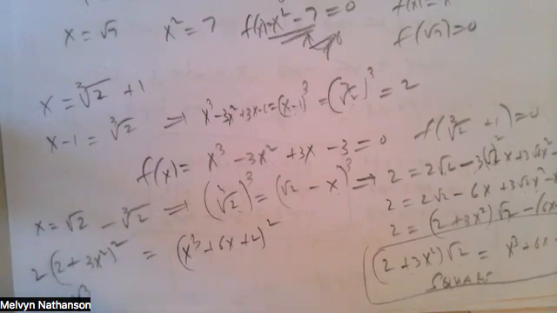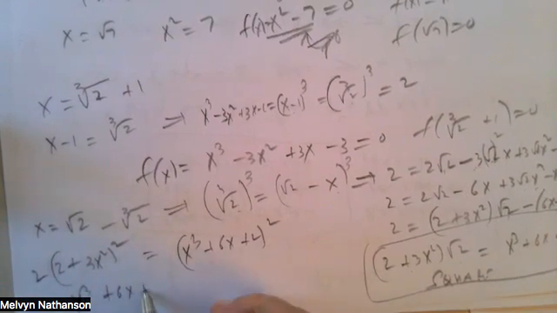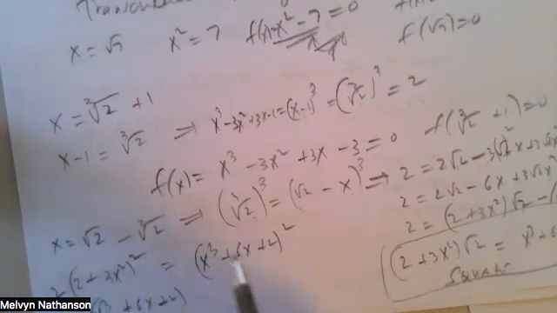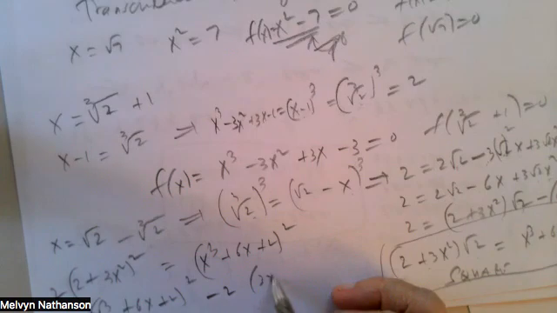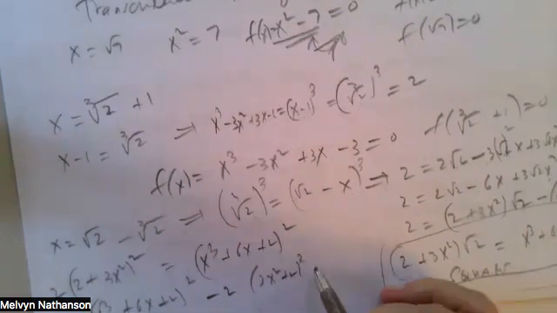And if I look at this, I have a polynomial, and there are no coefficients that are not integers. Another way of writing this is x cubed plus 6x plus 2, squared, minus 2 times 3x squared plus 2, squared, equals 0. This is a polynomial.